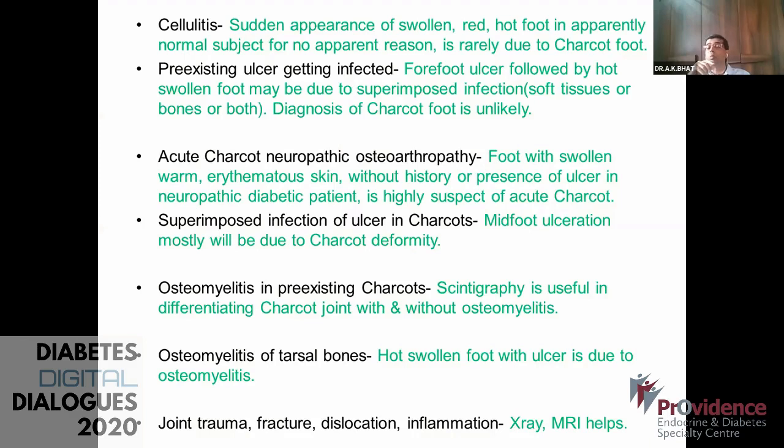There might be osteomyelitis in a pre-existing Charcot's, which you have to differentiate by doing a scintigraphy. Osteomyelitis of the tarsal bones with an ulcer is more likely to be osteomyelitis than Charcot's, with a history of neuropathy or absence of pain. And when there is a simple joint trauma, fracture, or dislocation, you can take an X-ray or an MRI. So this is just to highlight the findings in Charcot's, which will give you a pathway to identify it.